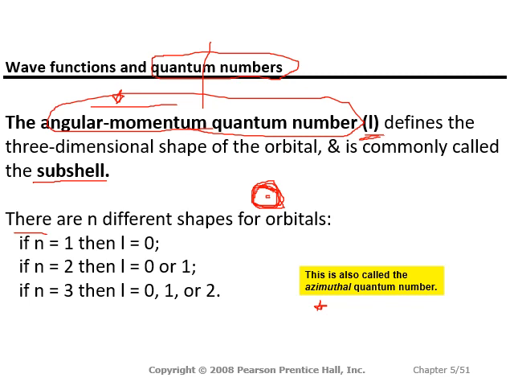Now let me try to draw 2, and that's as far as I'm going to go because it's so hard to do this. Now this is n equals 2, meaning we're in the second main shell. N equals 2 will also have an s subshell, and it will also be spherical like the one below it.